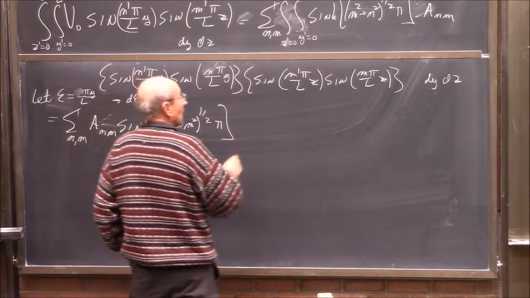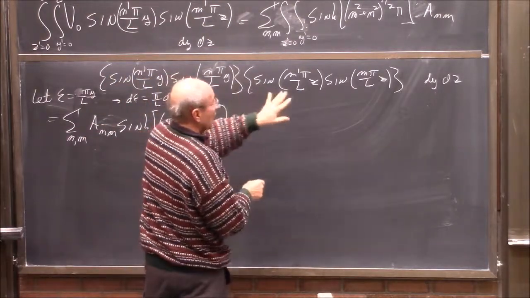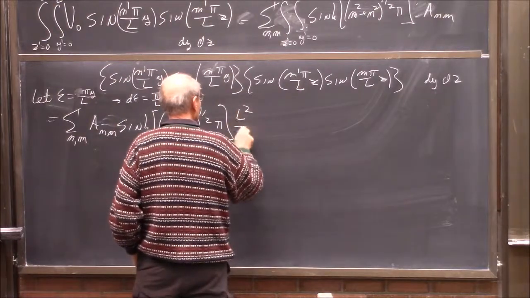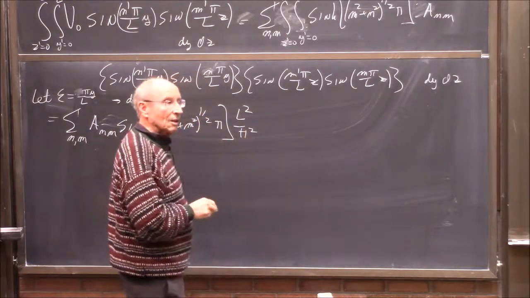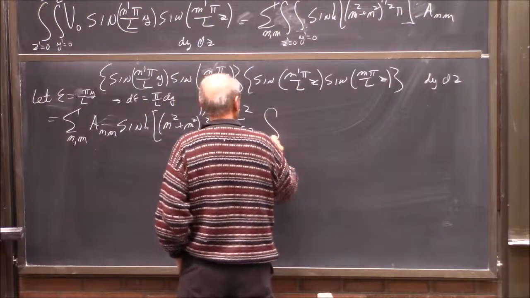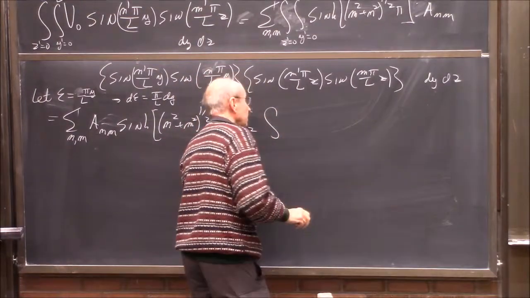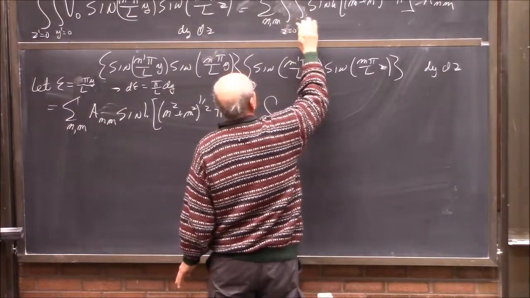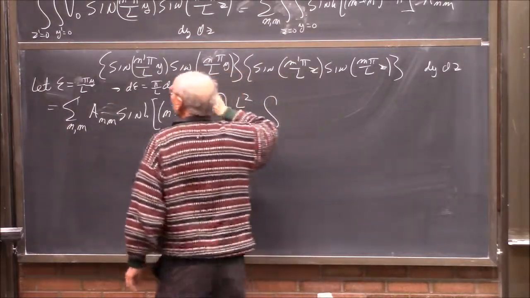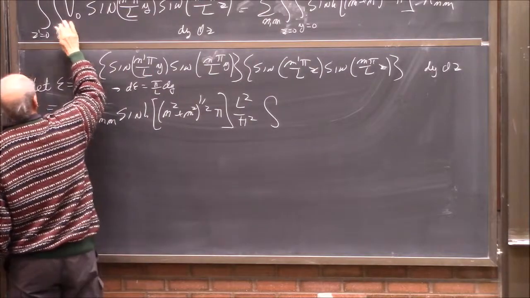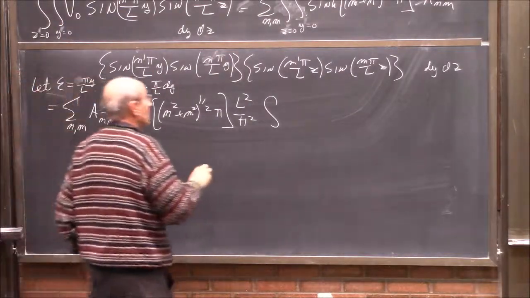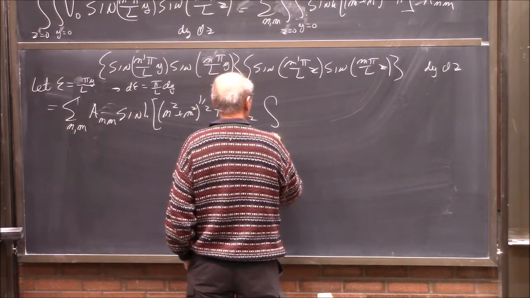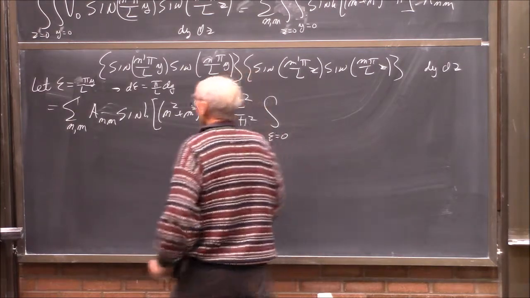And so I'm going to do this for both the y and the z terms. And so that will give me L squared over pi squared times the integral, these are y's and z's, the integral from squiggle equals 0.